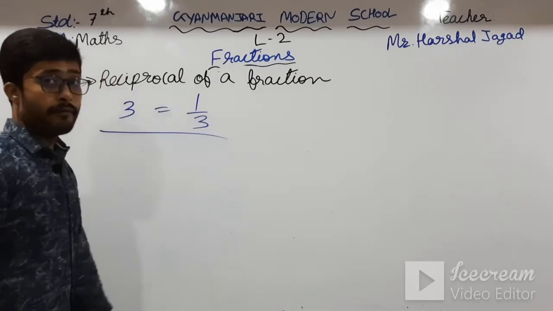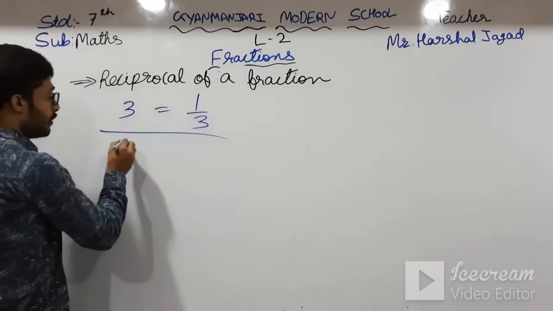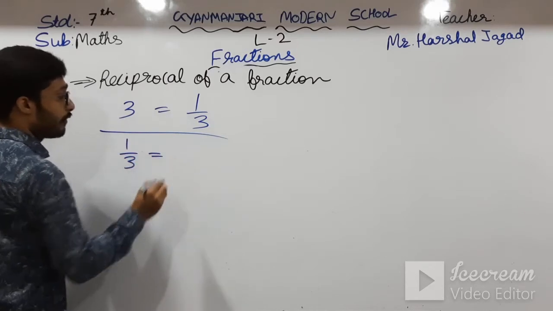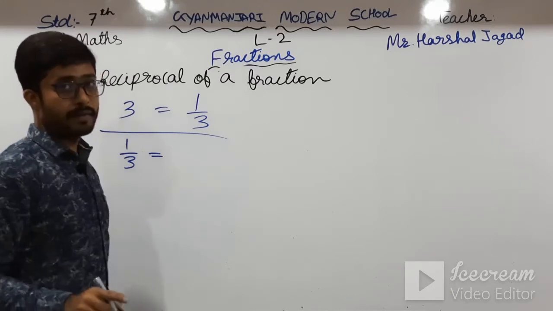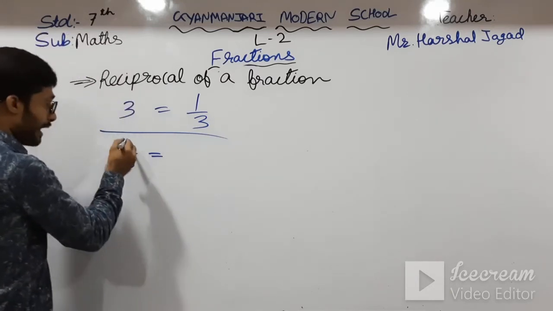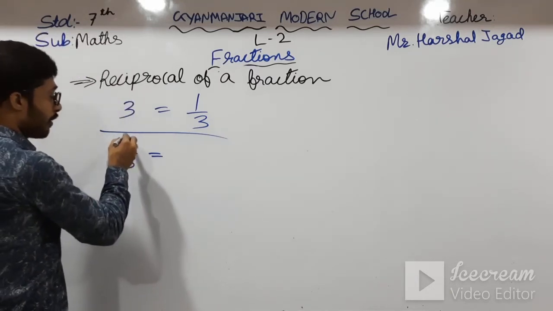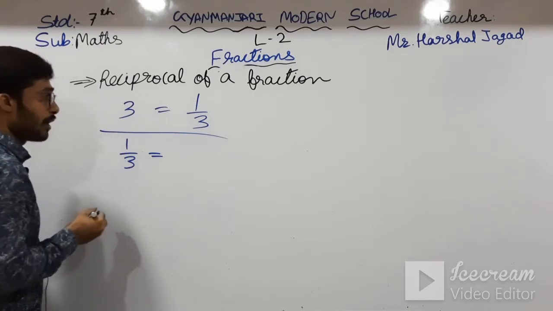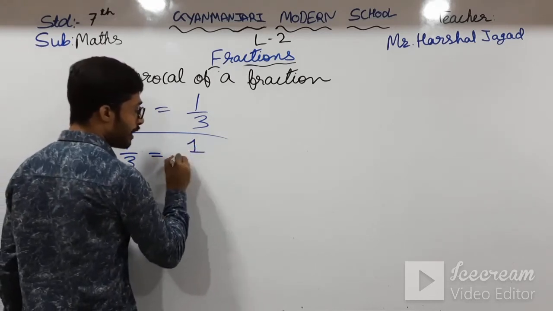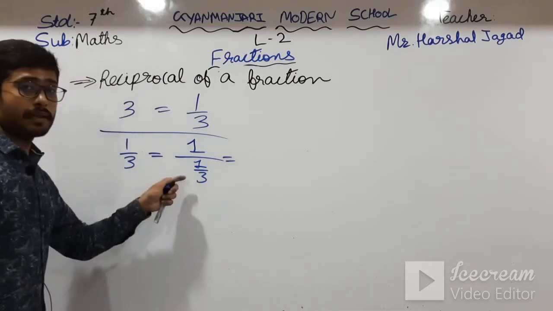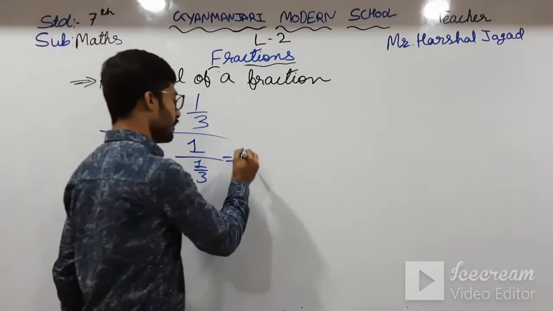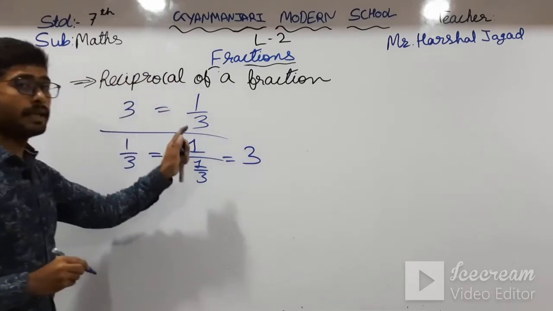If I tell you to do the reciprocal of 3, you just have to divide 1 by it. Okay, students, if I tell you to do the reciprocal of 1 by 3, you have to divide 1 by 1 by 3. The denominator goes to the numerator, so the answer will be 3.